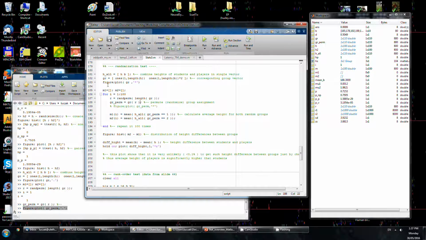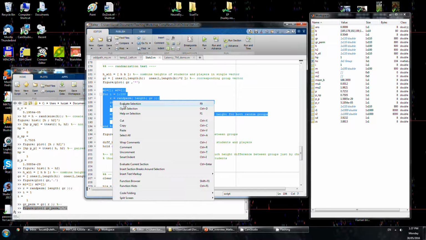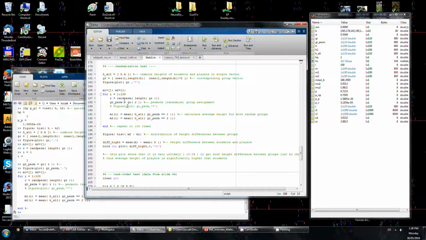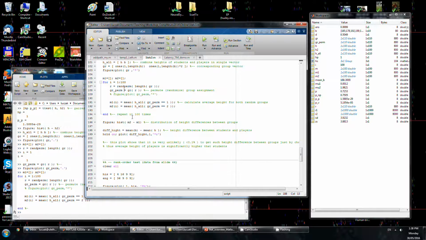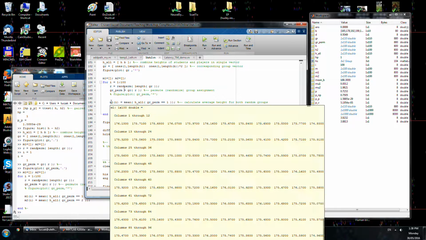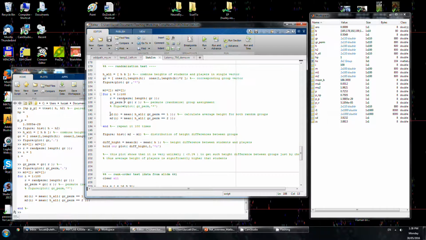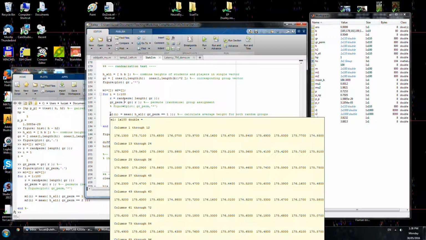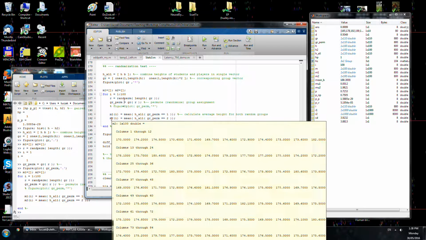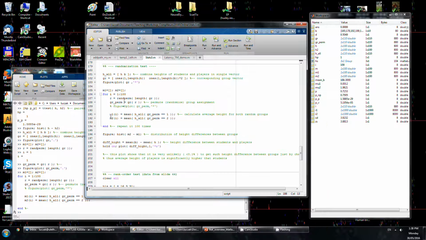Okay, so let's execute this loop. It will do this 100 times, and now each of those vectors M1 and M2 contains the average height for the first group and second group when we randomly reassign those groups.